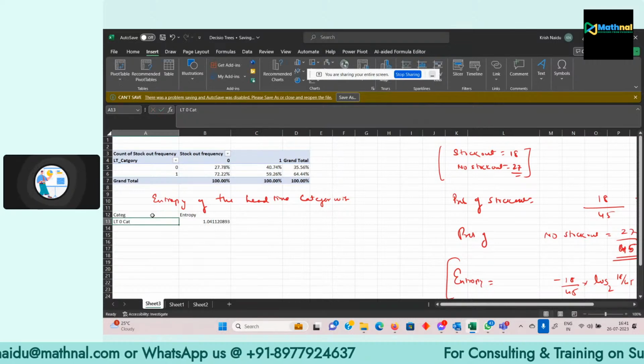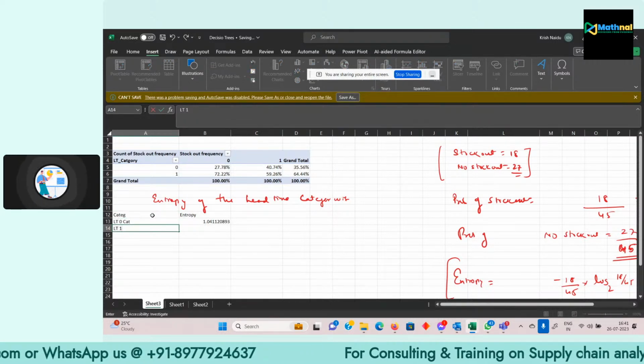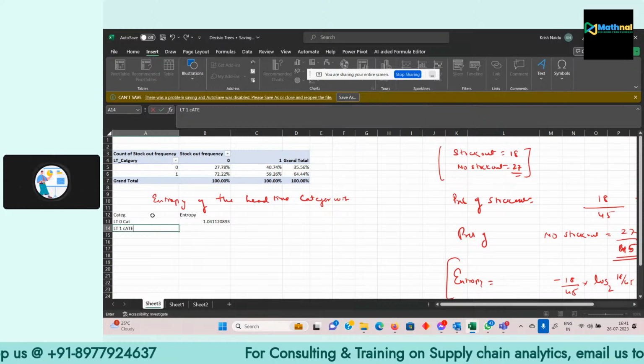Now I'm going to measure the entropy for lead time, one category.